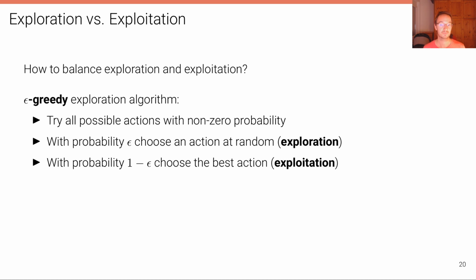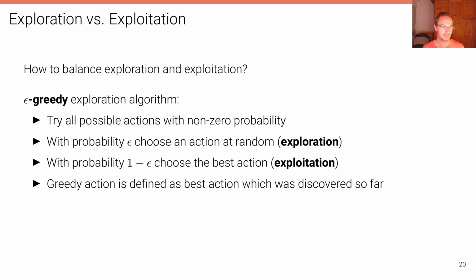That's exploitation. And the greedy action is defined as the best action which was discovered so far, right? So the best action is the greedy action in a sense. You're looking at all possible actions for a state. You're looking at your current policy and you're maximizing that in order to exploit. With 1 minus epsilon probability, you're doing that exploitation move. And with epsilon probability, you do the exploration move.